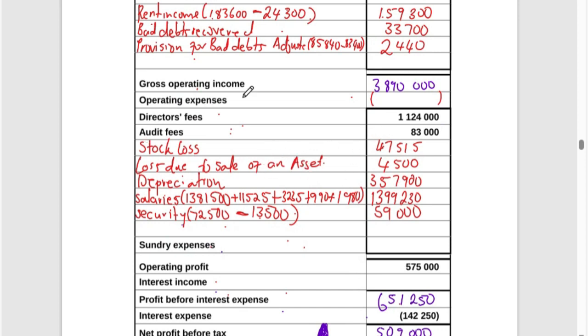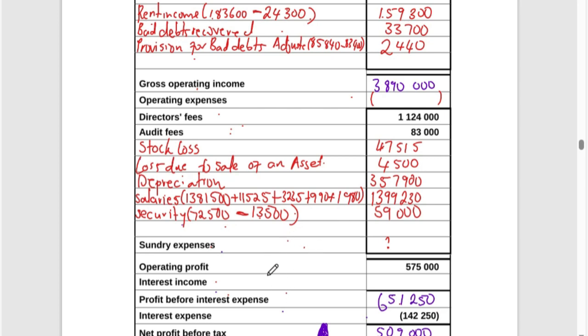operating incomes, but unfortunately we still have a question mark for sundry expense. Then we need to look at another method of calculating, because they told us that the sundry expense included the amount for salaries, but they did not give us anything from our extract.